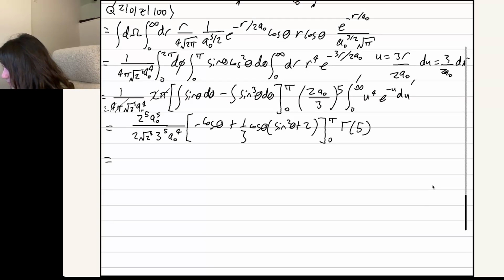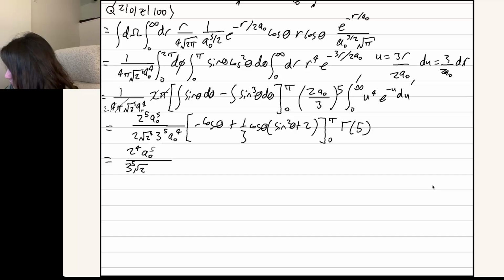Continuing to simplify, I see we have a 2 on the bottom, so this is going to turn just into 2 to the 4th, a naught to the 5th, with a 3 to the 5th root 2, and actually just 1 power of a naught up top because it'll cancel out the 4 on the bottom.